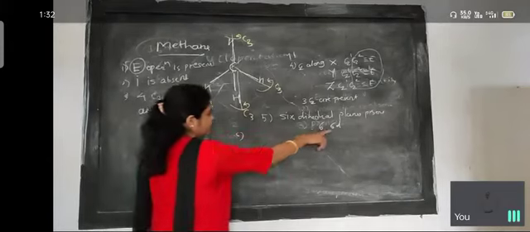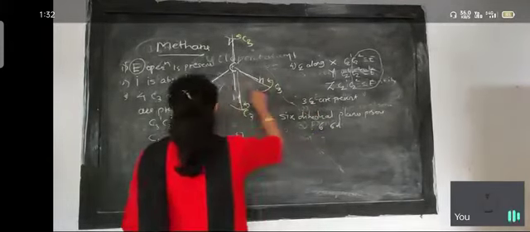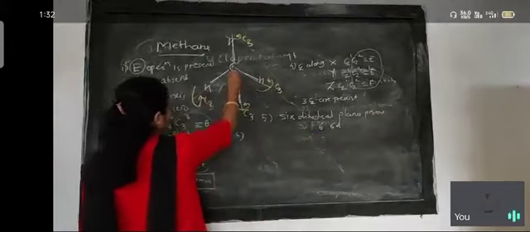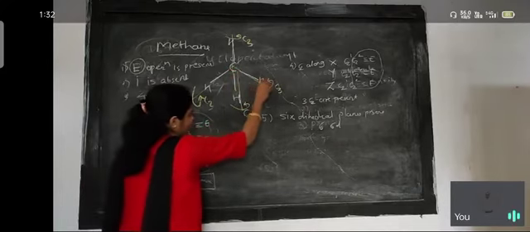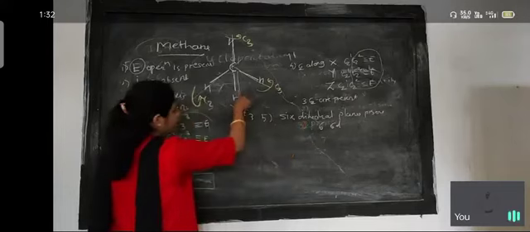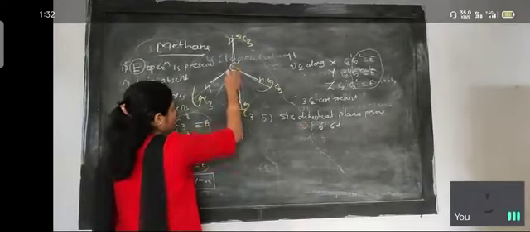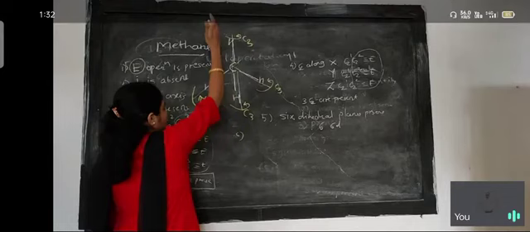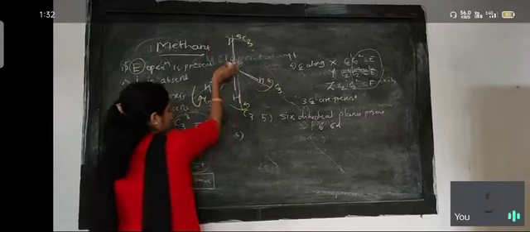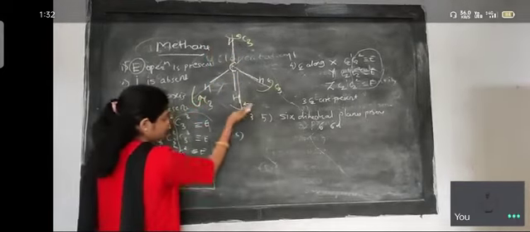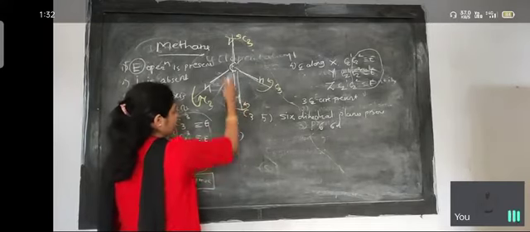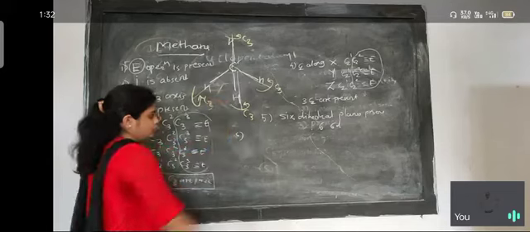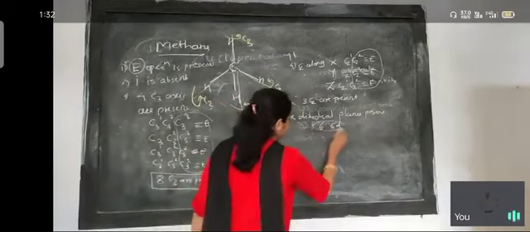Always remember that a dihedral plane is passing through 2 carbon hydrogen bonds. This is the carbon hydrogen bond, this is the second carbon hydrogen bond, and the dihedral plane passes through two carbon hydrogen bonds. This is the first one, second one, third one, and again in the opposite direction, in the same way the plane passes through carbon hydrogen, carbon hydrogen, carbon hydrogen. So 6 sigma d are present.